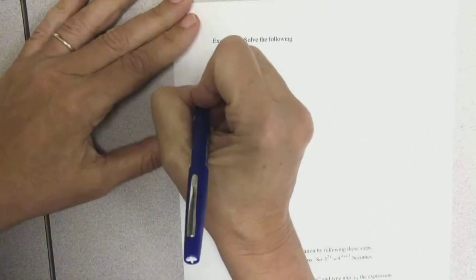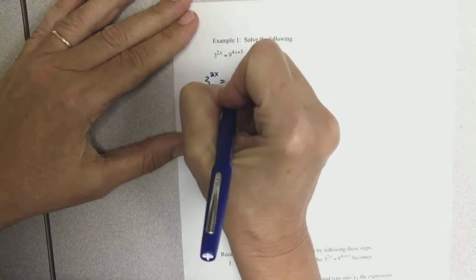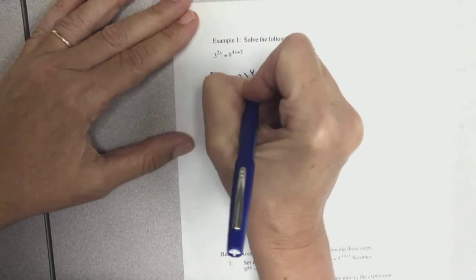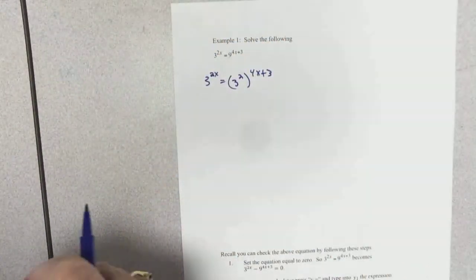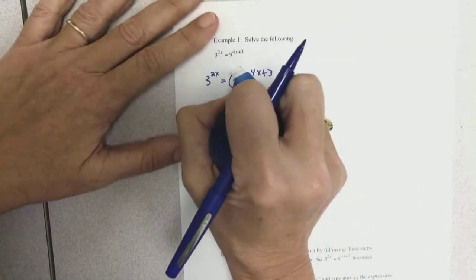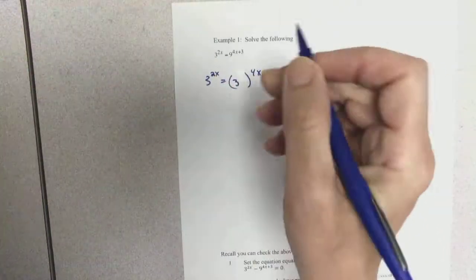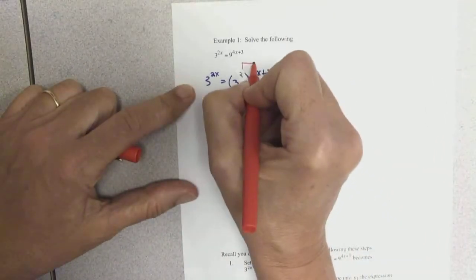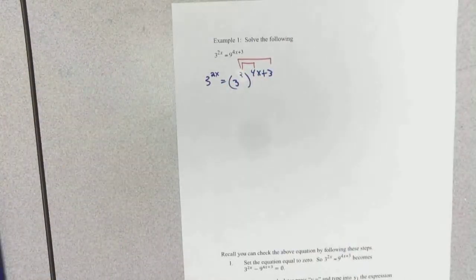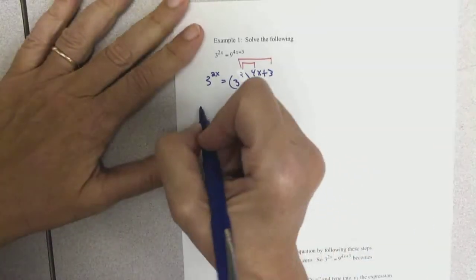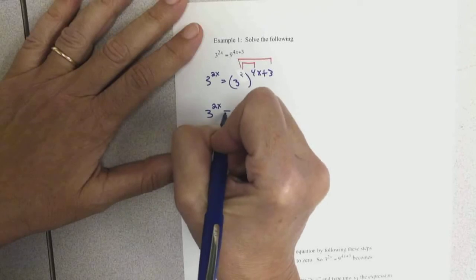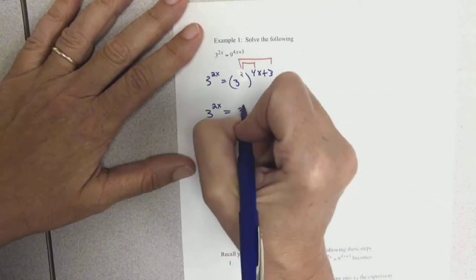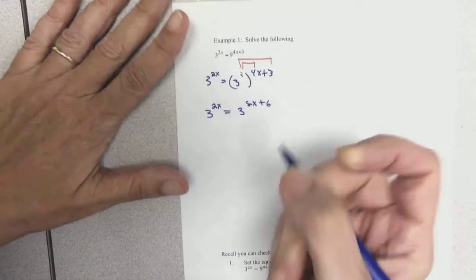And so I can rewrite 9 as 3 squared. And so now I'm going to have that same base. Then I'm going to simplify my exponents. I have an exponential expression raised to an exponent, so I multiply my exponents. And so I'm going to have 3 raised to the 8x plus 6.